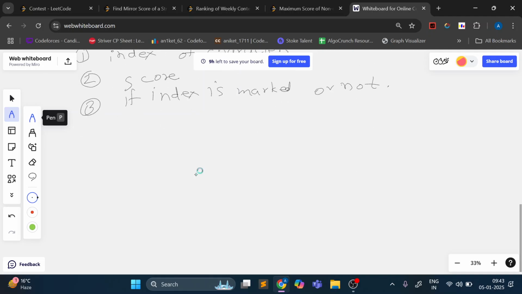So for W, let's say I am iterating over a character which is W. We will first find its mirror, which is D. Now after finding D, we will check if there is any index of D before the index of W which is unmarked.